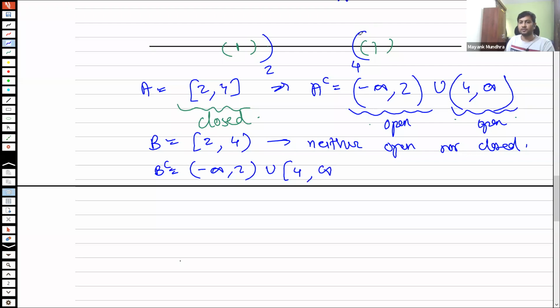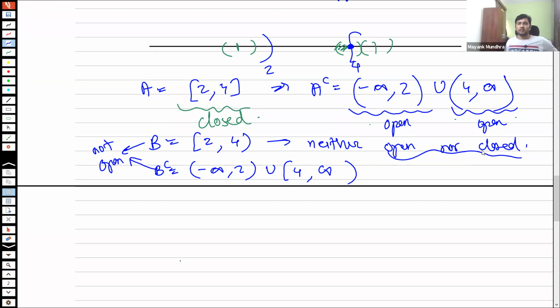So if you have closed 4 here, then this point 4 cannot be contained in any interval inside the set. You take any interval, the left side will protrude outside the set. So this is definitely not open, and B complement is also not open. So the set B is neither open nor closed.